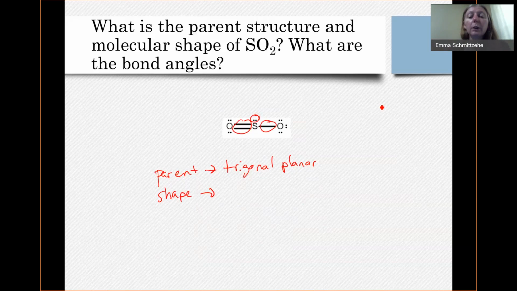And so you have this trigonal planar structure, some central atom attached to 3 things, 120 degrees apart. And so if I erase one of those, then what I have left is a bent structure, okay? And it's a trigonal planar parent, so the angle has to be based on the trigonal planar angle, which is 120, but that lone pair on there is making it somewhat less.